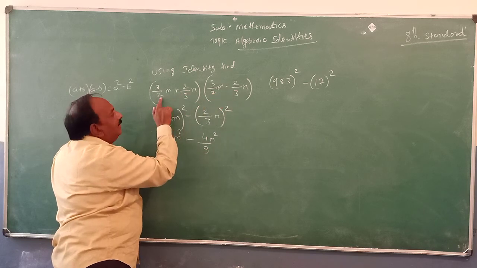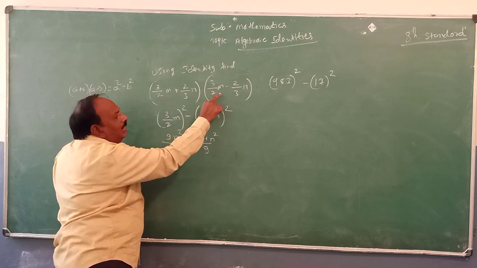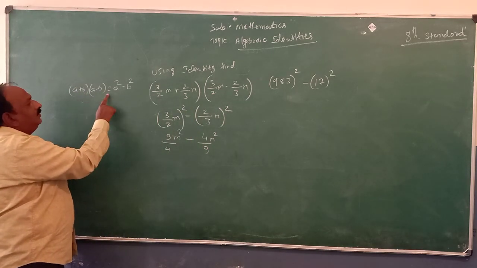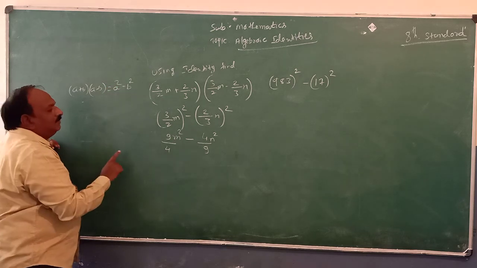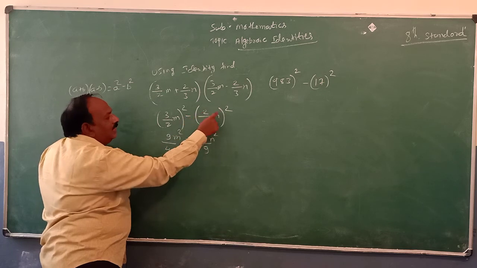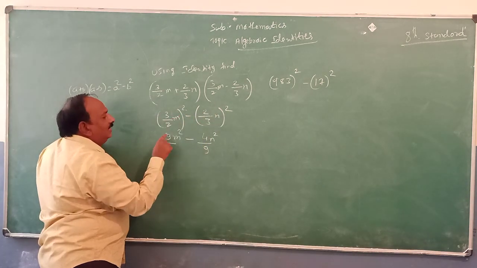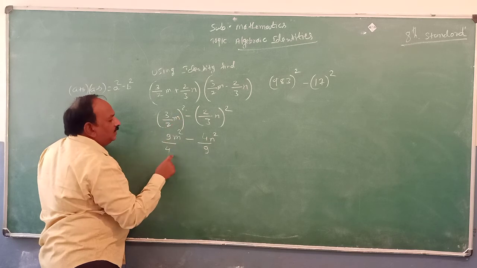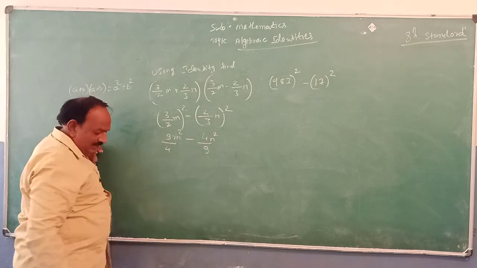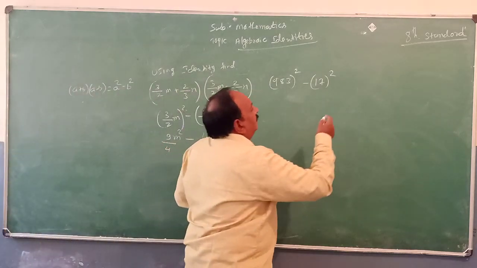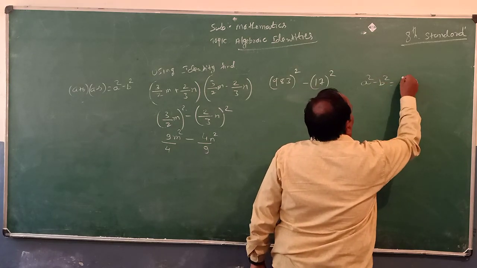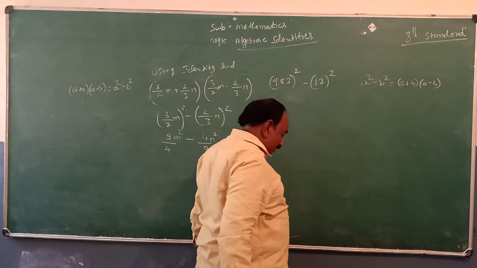The same terms, (a + b)(a - b), a square minus b square. (3/2 m) whole square, (2/3 n) whole square. This is the formula reverse process: a square minus b square is equal to (a + b)(a - b).